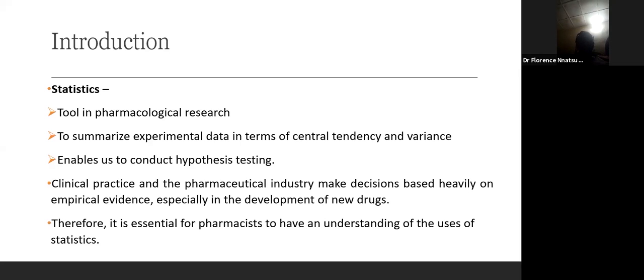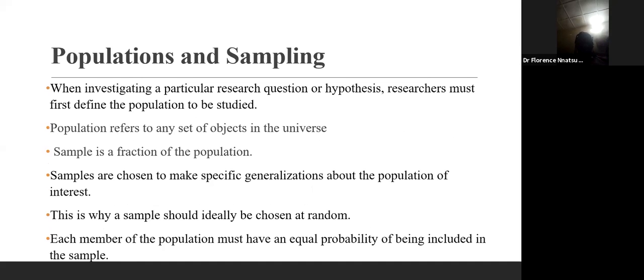And then in development of new drugs, we need application of statistical analysis so that we'll be able to know how effective these drugs are pharmacologically in the system, and to know which one is superior to the other and should be used. Therefore, it is essential for pharmacists to understand the uses of statistics. We use it daily in our day-to-day application. But this time around, we are targeting pharmaceutical products, pharmaceutical analysis and clinical pharmacy.